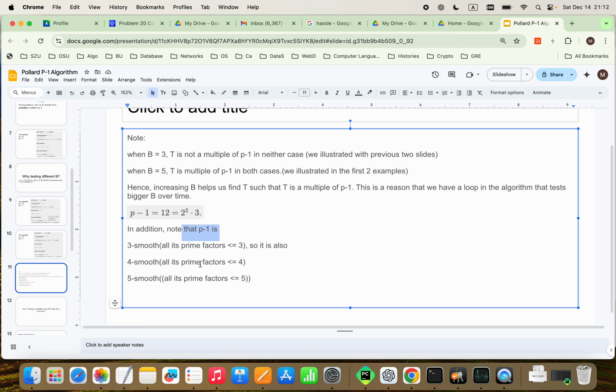Because we can say it's 4 smooth because all its prime factors, 2 and 3 here, are less than 4, and 2 and 3 are less than 5, so it's also 5 smooth. So you can see we can increase the b as we want.